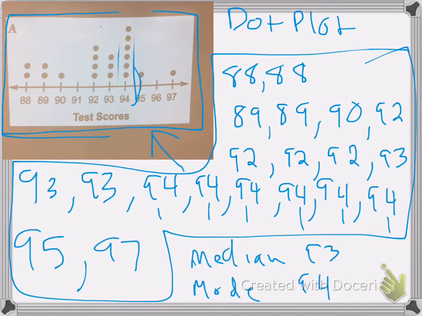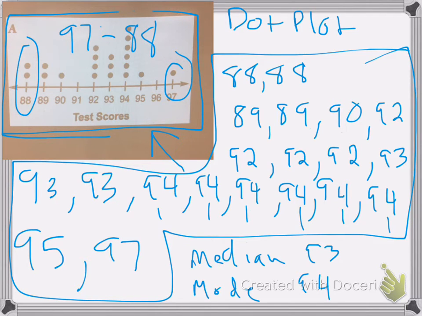The last one that's pretty nice is the range. My highest one was 97 and my lowest one was 88. So you would say 97, my largest, minus the smallest, which was 88, and you'd get 9. So your range is 9.